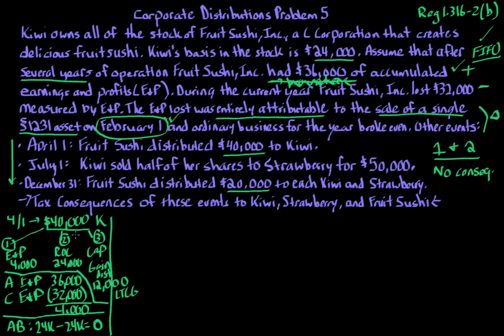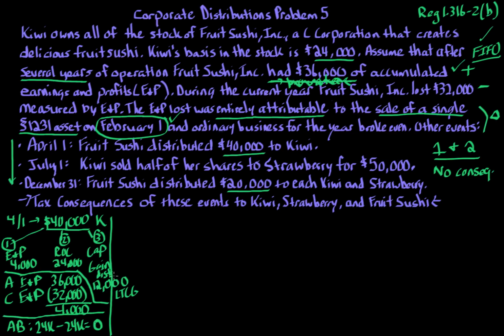Now contrast that with the situation we had in problem number 4, where we had ratable, pro rata, negative current EMP. And remember, our current EMP for the year was the EMP total that we calculated was 28,000. So the return of capital was 12,000, and that reduced our basis down to 12,000, and there was no capital gain distribution.